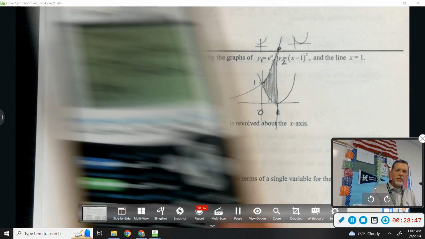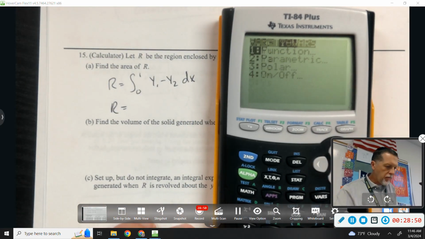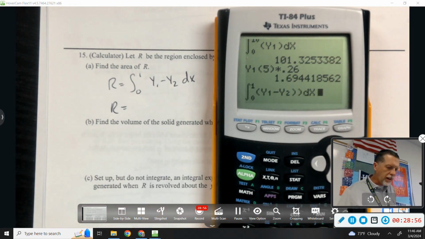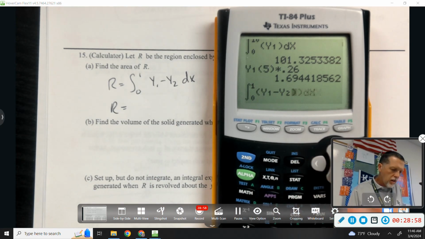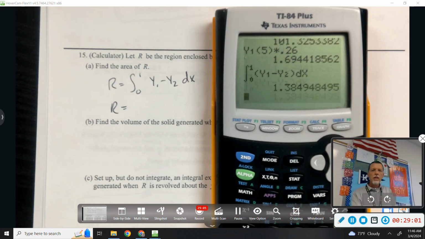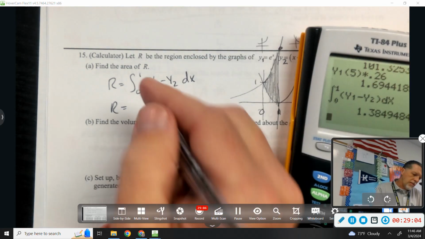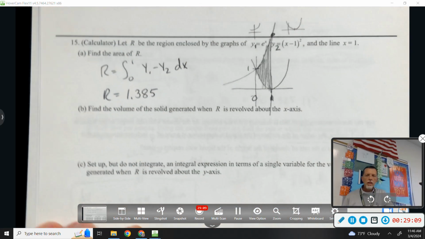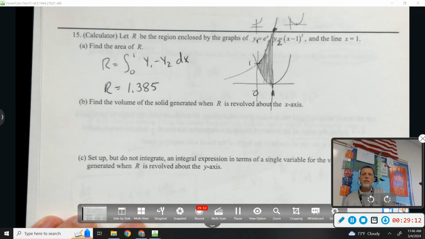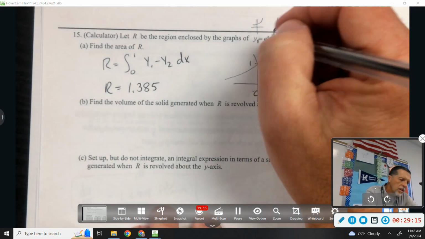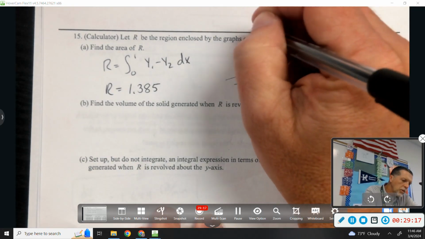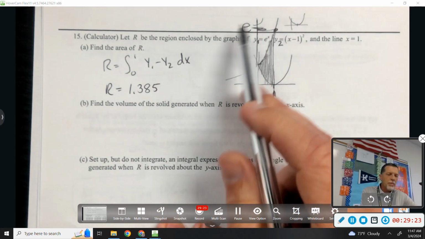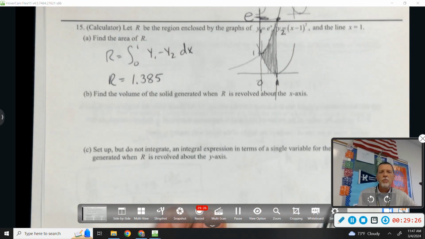Math 9, 0 to 1, y1 minus y2 dx. 1.385. Okay, so that's the area of that thing. That seems reasonable because the width is 1, the height is 3, but it's not all filled in, so yeah, that seems reasonable.